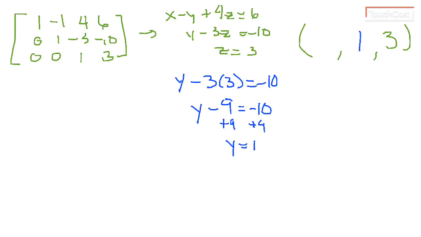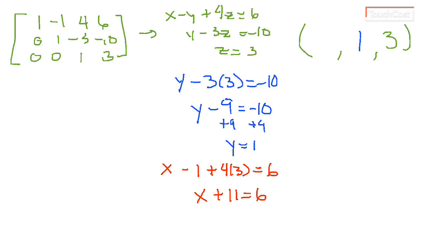And then we're going to take the z and the y and plug them in to that first equation. We're going to have x minus 1 plus 4 times 3 equals 6. 4 times 3 is 12. If I add that to negative 1, I'm going to end up with x plus 11 equals 6.